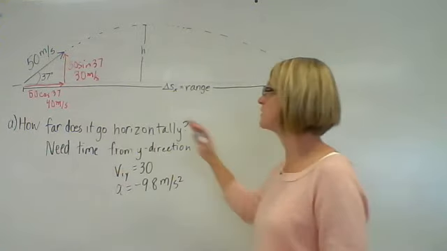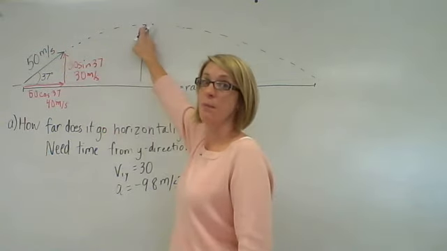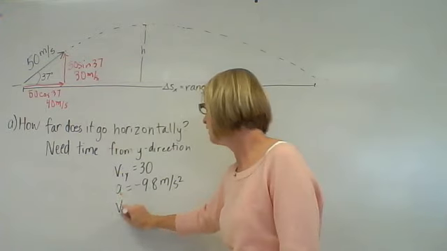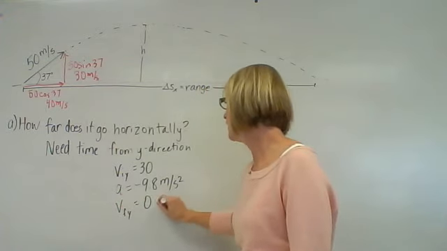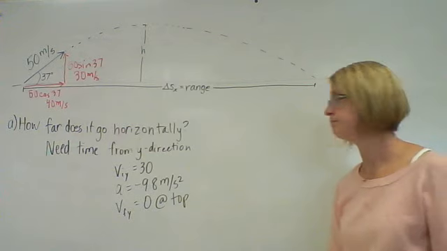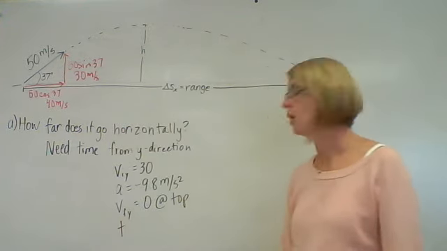I'm going to go the first way. It's a little more intuitive for most people to understand that if I can get time up, I can just double it to get the total time. So I'm going to go with Vfy equals 0 at the top, which is exactly the same information we used in the last part of the problem. And then I'm going to look for an equation that has those along with t.